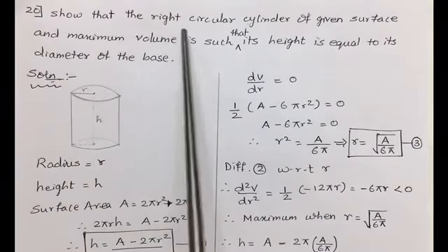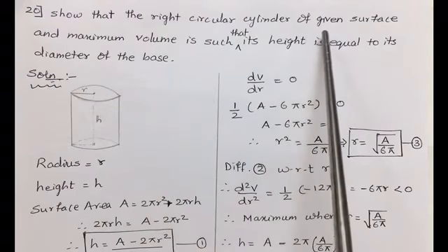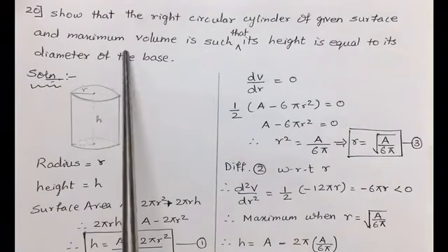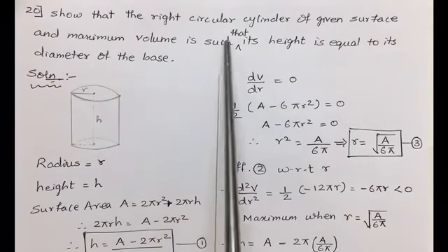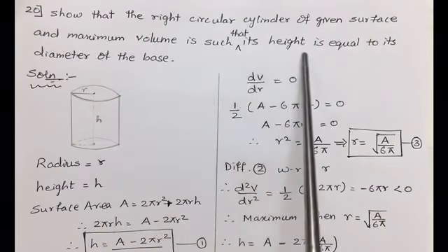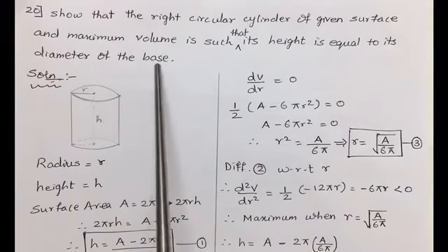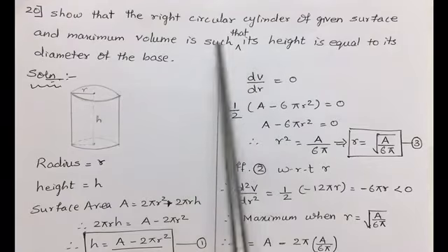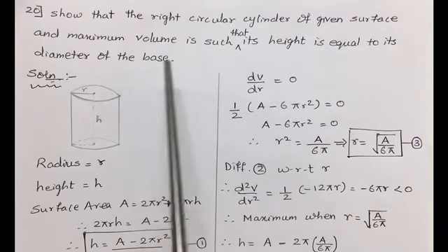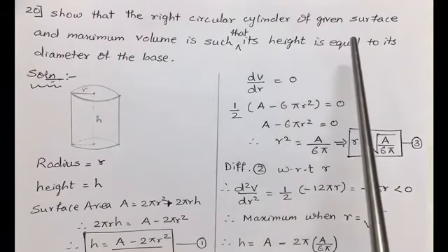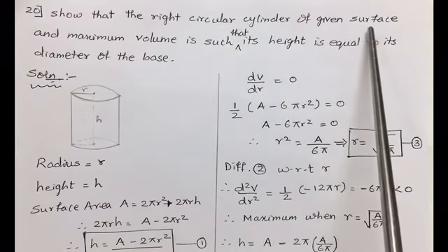Show that the right circular cylinder of given surface and maximum volume is such that its height is equal to the diameter of the base. Now this question says that a cylinder is given whose surface area is fixed.